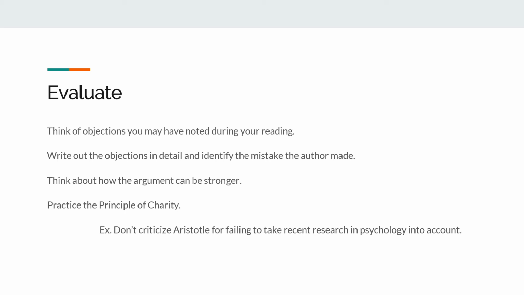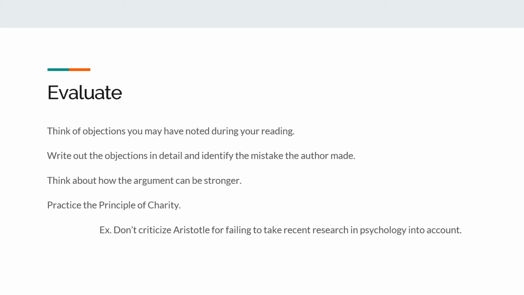So the goal is not to find out why they're wrong and then call it out and rub it in their face. The goal is to gain a better understanding of the material, and that requires to take information that's relevant and to think about how that information would make the best persuasive case that it could.